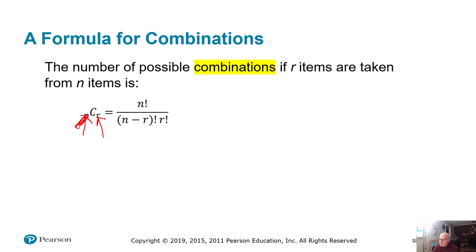Now notice it's got n factorial on the top, it's got n minus r factorial on the bottom. This is the new one that wasn't there for permutations. Because this number is being divided by something, you're going to typically end up with the number of combinations being smaller than it would be if the order mattered.